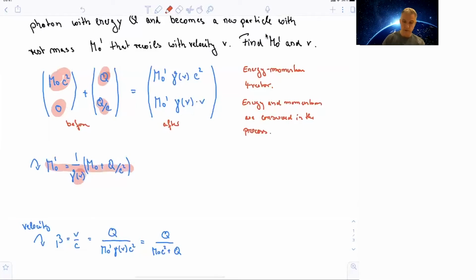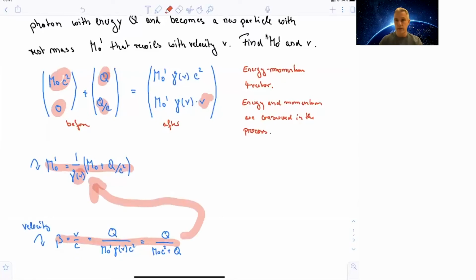This is a function of the velocity here, and you can get the velocity by looking at the momentum. So you basically solve for this v, or v over c in this case. And then if you want, you can add this back in here in order to get the mass just as a function of the mass of the initial particle and the energy of the photon.